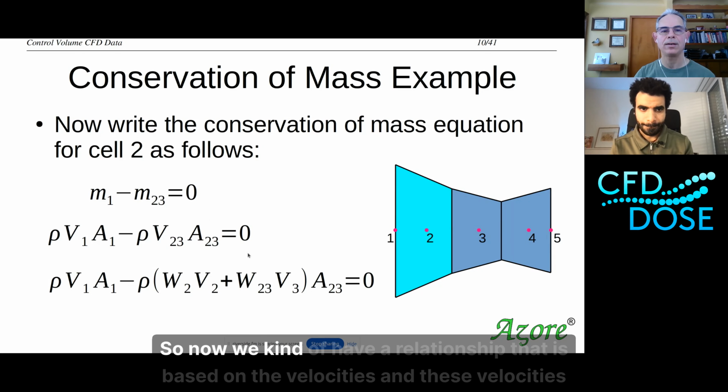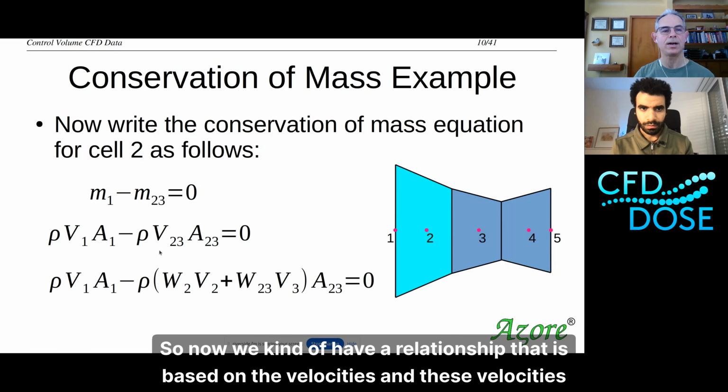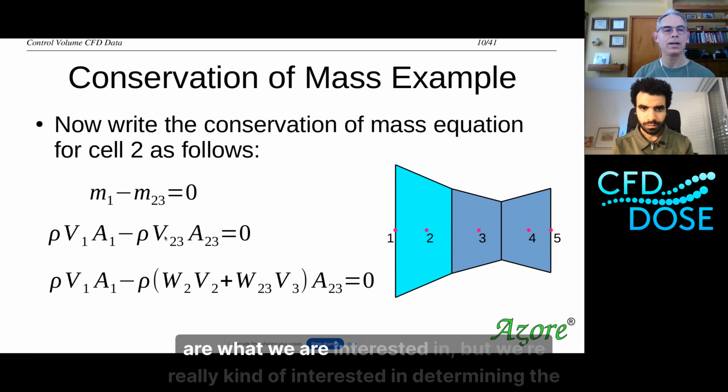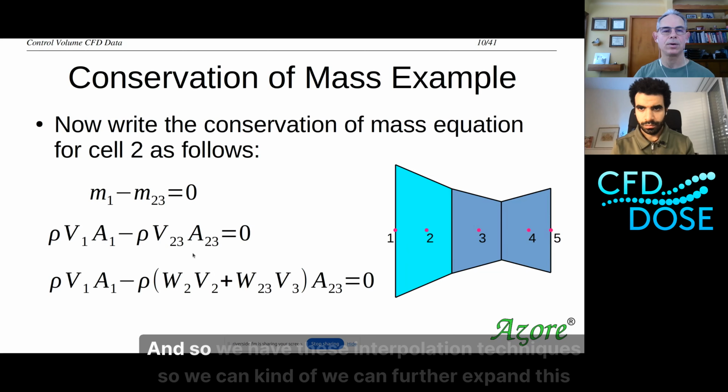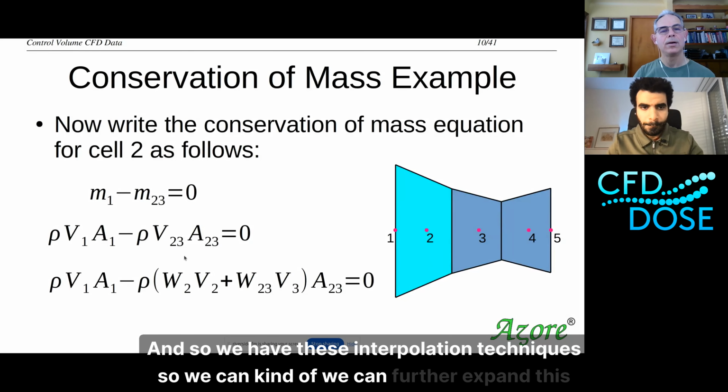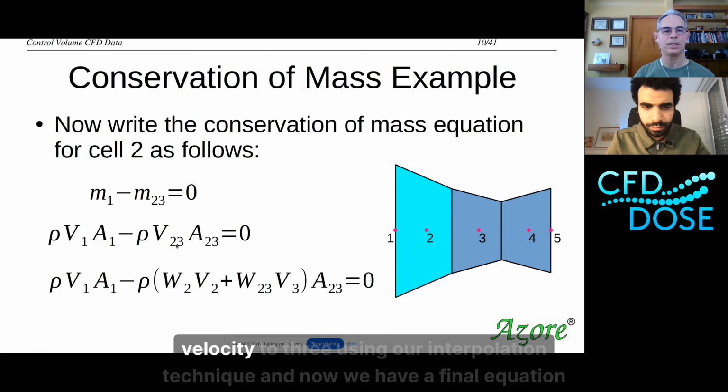So now we have a relationship that is based on the velocities, and these velocities are what we are interested in, but we're really interested in determining the velocities at the centroid of each one of these locations. And so we have these interpolation techniques, so we can further expand this velocity 2, 3 using our interpolation technique.